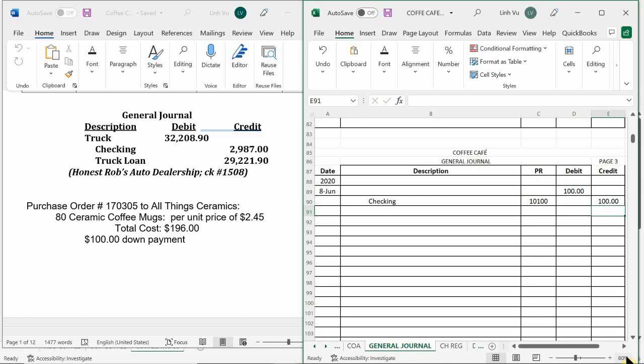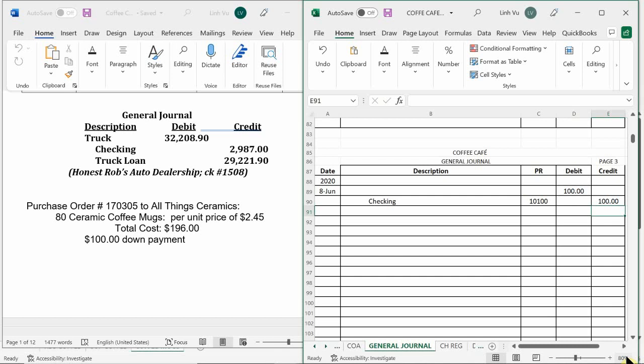Account receivable. That is when customers pay you or owe you. This isn't a customer. Cash in register. We're buying coffee mugs. How in the world would this have to do with the cash register? Do not be asking blank questions.